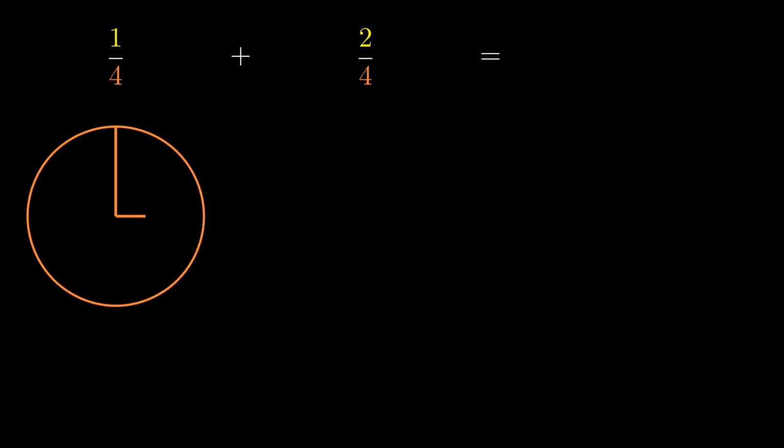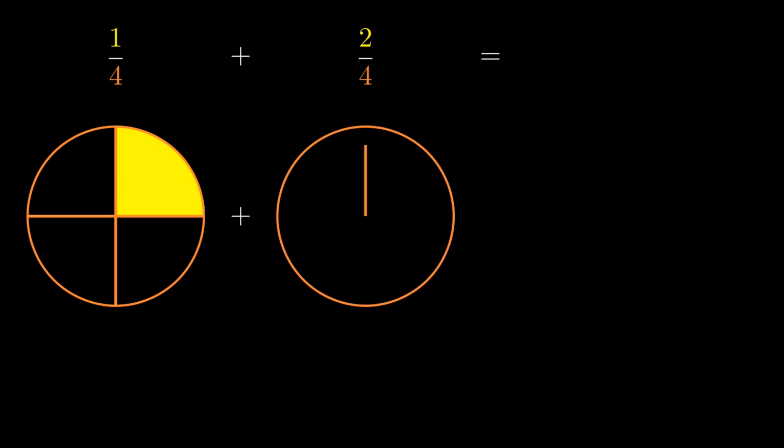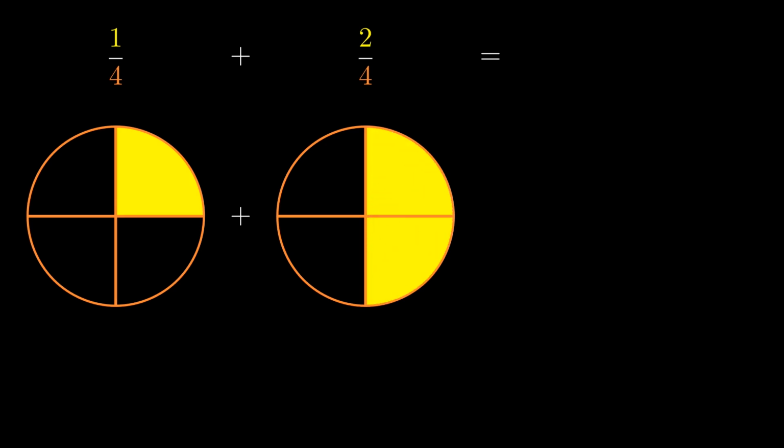If we have 1 over 4 plus 2 over 4, we can represent this in diagrams as a pizza split into 4 pieces with one area shaded representing 1 over 4, plus another pizza split into 4 with 2 slices shaded as shown here to represent 2 over 4.